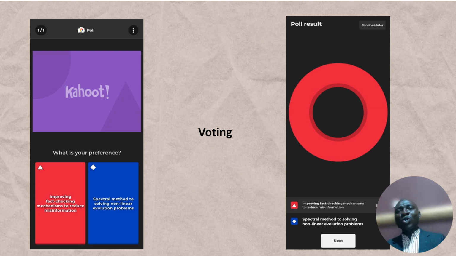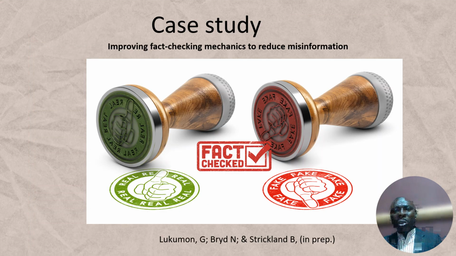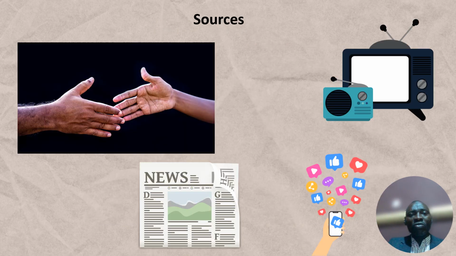I know you are also curious because it involves media and public information. Okay, let's start. Let's have a closer look at my project, which is focused on improving fact-checking mechanisms to combat misinformation. In subsequent classes, we can also focus on the spectral method if you like.